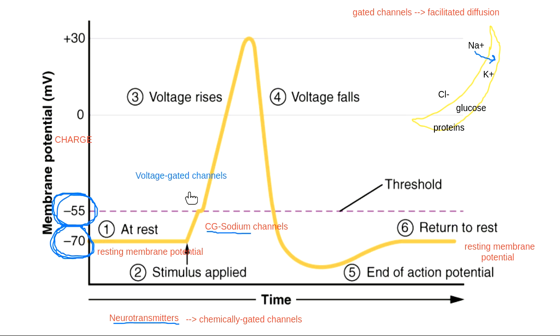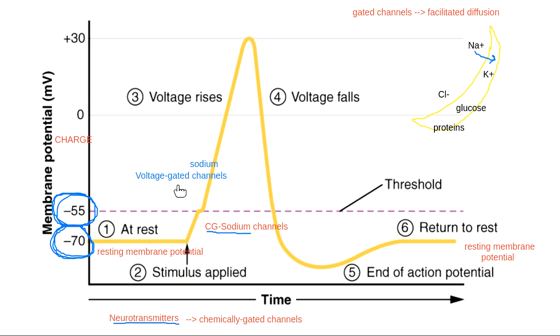When the charge gets wrong, in this case, when we get to negative 55, when we're 15 millivolts above where we're supposed to be, at that point, voltage gated sodium channels, I should have put that word in there before, are going to open up. Voltage gated means my charge has to be different. If my charge gets all the way to negative 55 compared to normal, negative 70, these channels say, okay, we're committed, we're in. Voltage gated sodium channels open up.